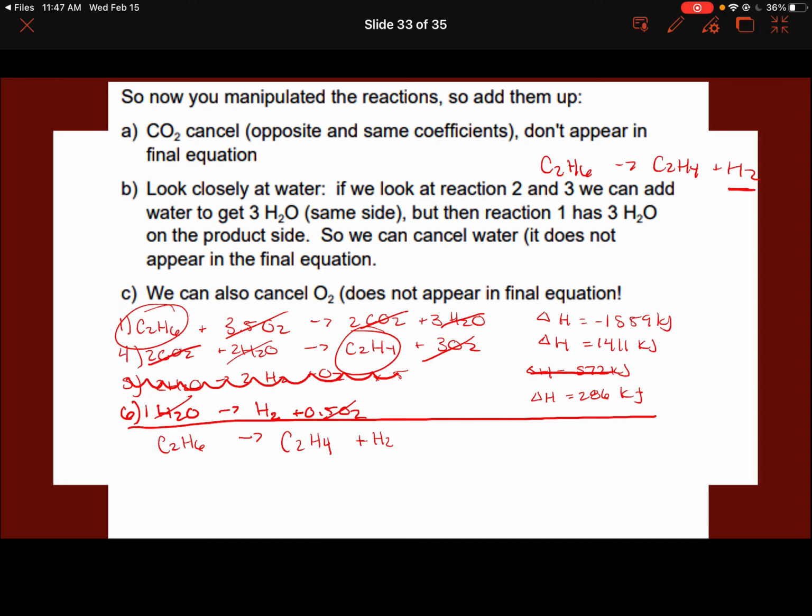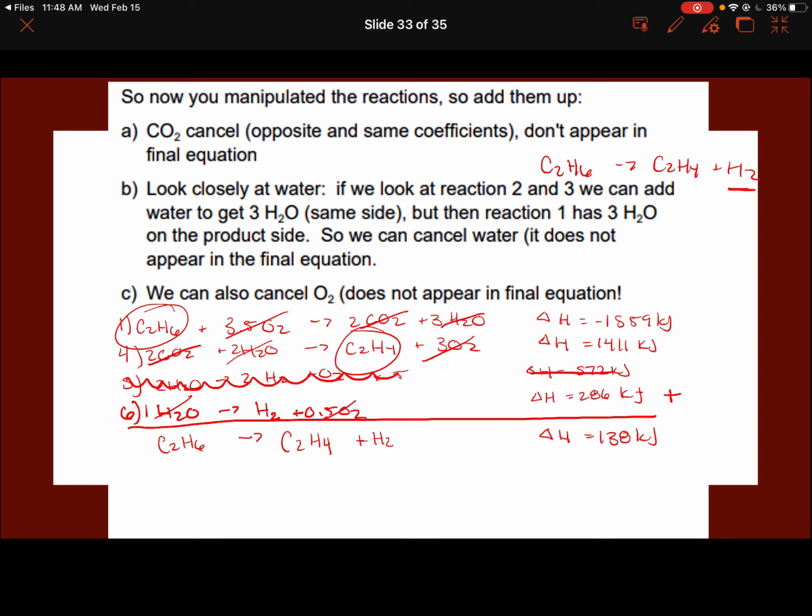Now, based off of this, we are going to do the following with our equation. So we have negative 1,559, we have 1411, and we had 286. If we take all of those values and add them all together, we will get a change in enthalpy of 138 kilojoules.